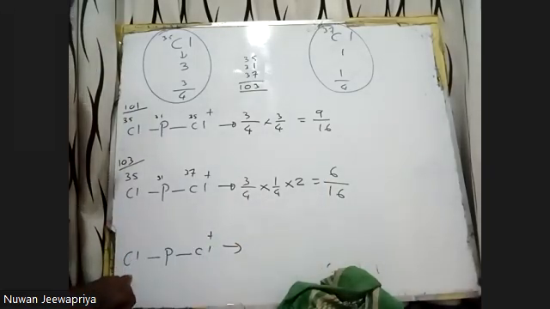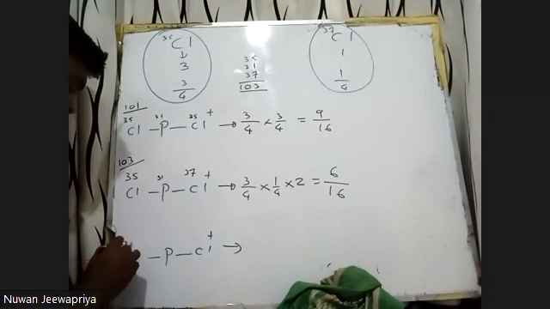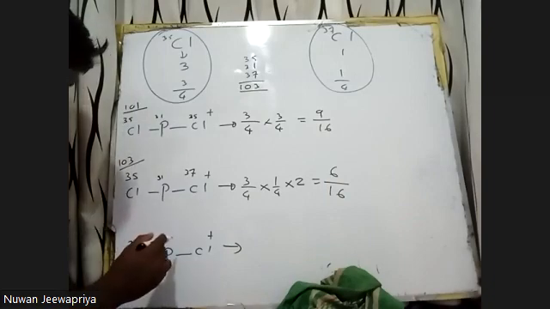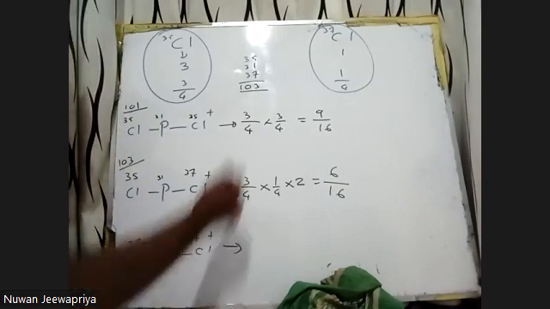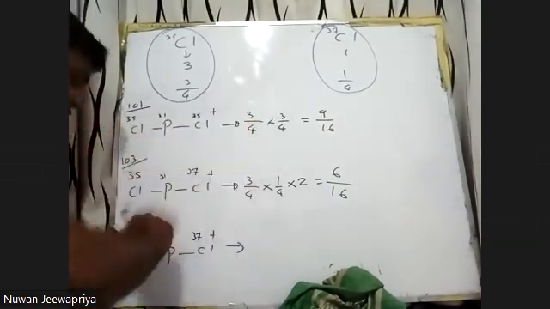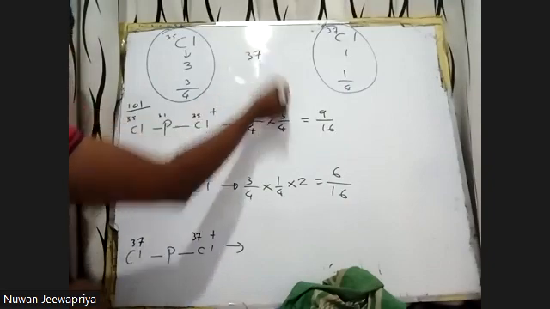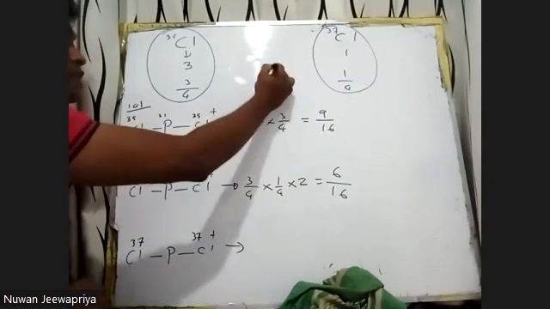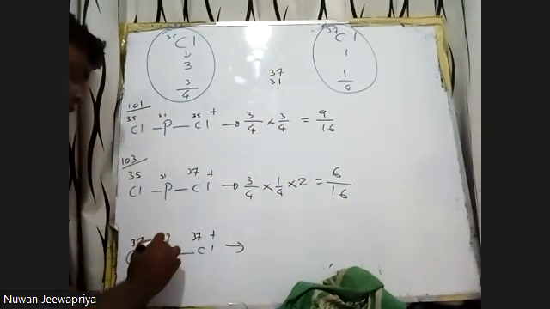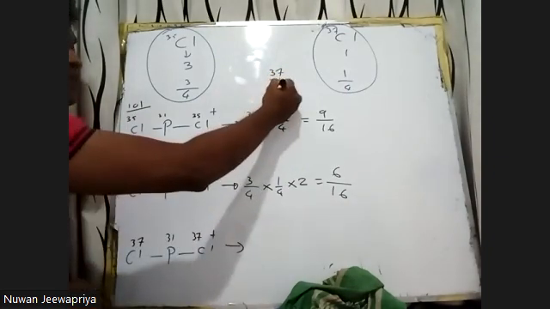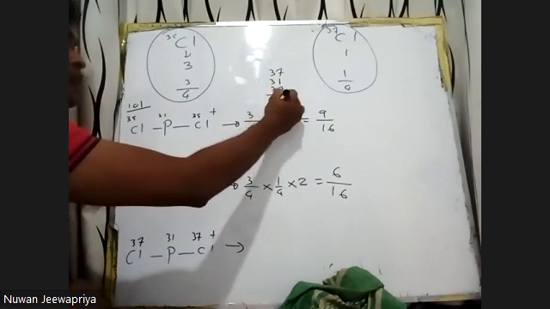The next one. Here it is Cl and here it is Cl. Imagine this is 37 chlorine, and you imagine this also 37 chlorine. So this time, first one is 37, and the next one is 37, with phosphorus in the middle at 31. So the answer is 105.